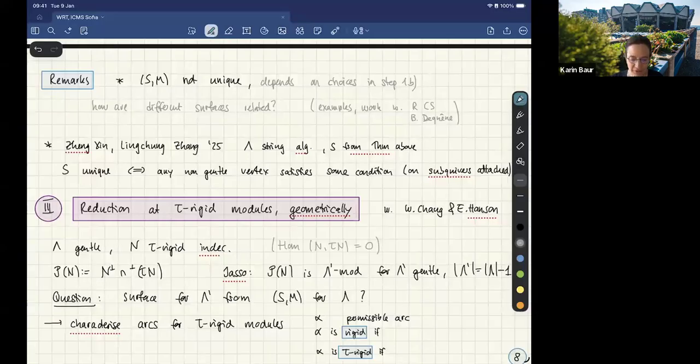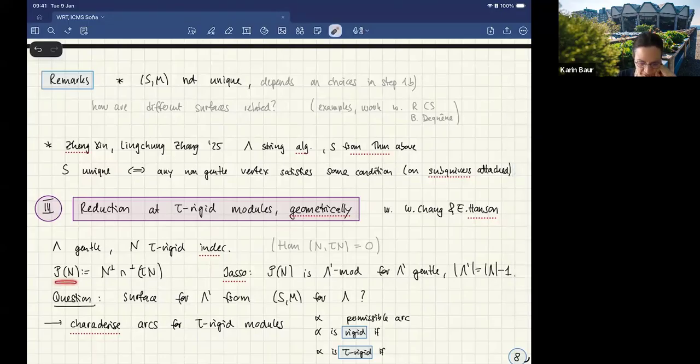And if we have such a tau rigid indecomposable N, you can define a subcategory, which I call P of N, which is taking N perp intersect with perp N tau. That's not totally obvious what that means.